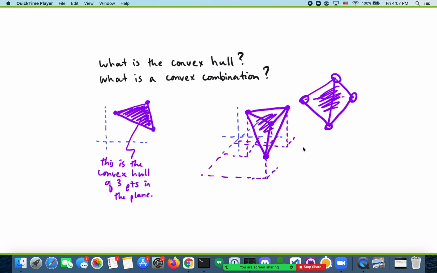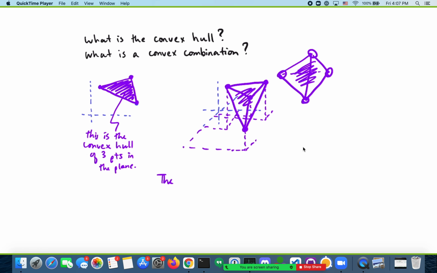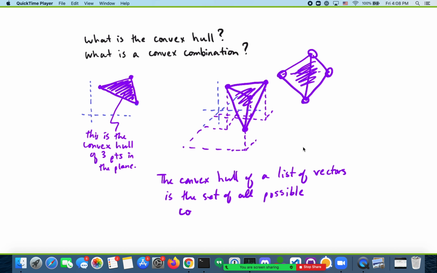Now, what is it precisely? The convex hull of a list of points, or a list of vectors, is the set of all possible convex combinations of those vectors. Okay, so what is a convex combination? This point here is in the triangle, so this should be a convex combination.